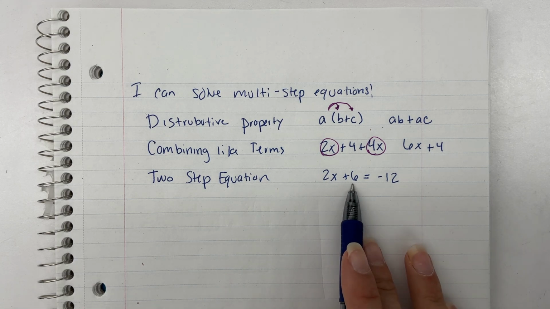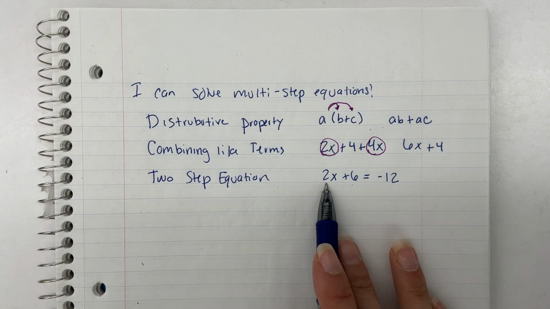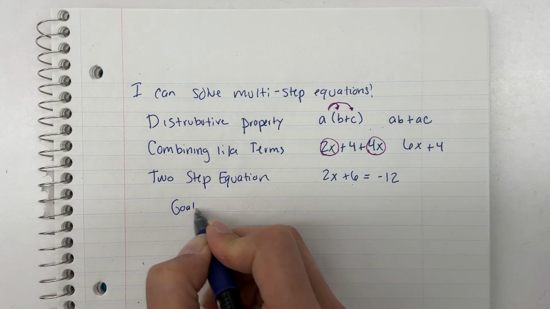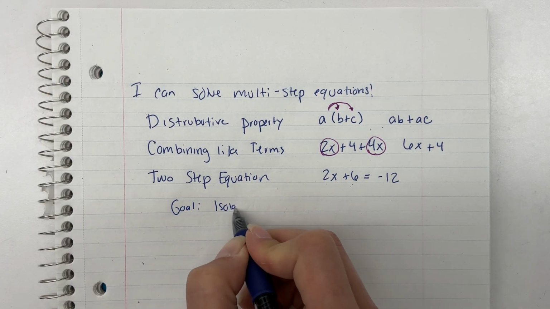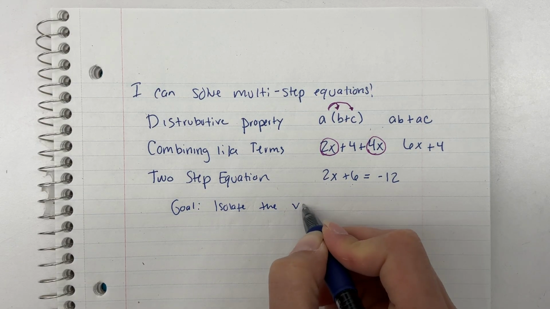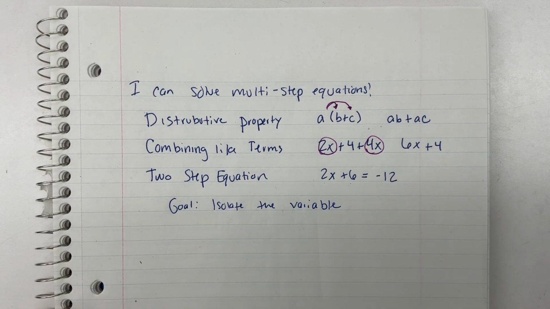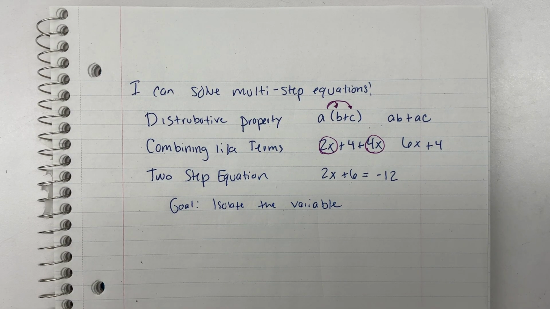So we get rid of the 6 with subtraction, and then we get the x by itself with dividing. Now our goal for these equations, again, is always the same. Isolate the variable. So if we can get the variable by itself, that is our goal.